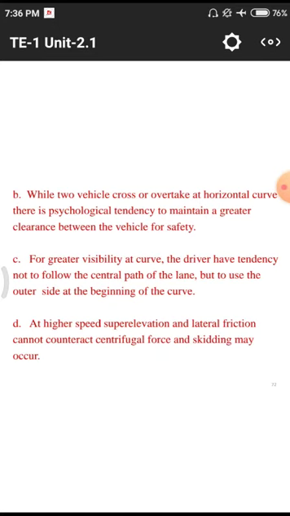While keeping these superelevation and horizontal curves, the next third point is the greater visibility at a particular curve. The driver has a tendency not to follow the central path of the lane, but to look at the outer side of the bearing of the curve.